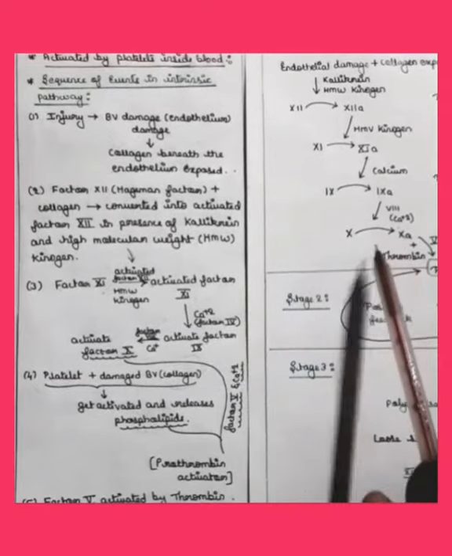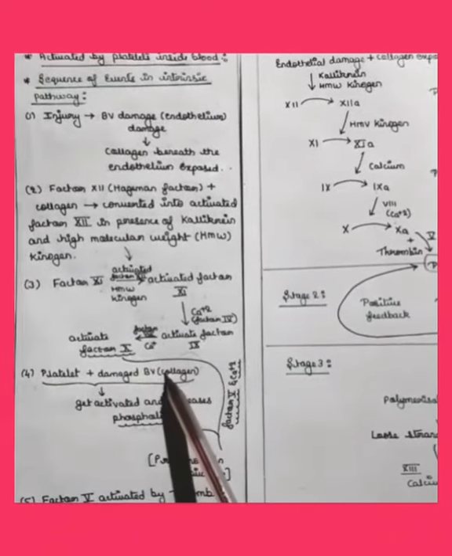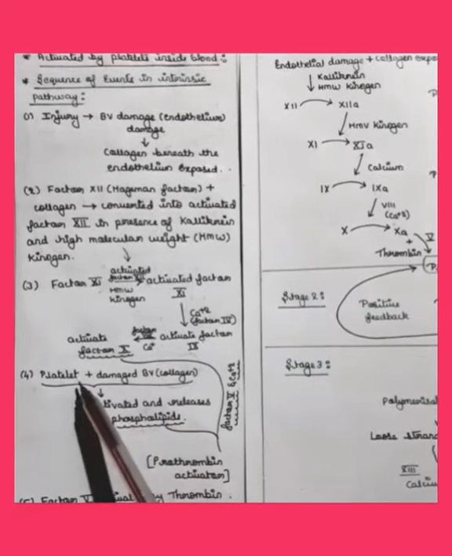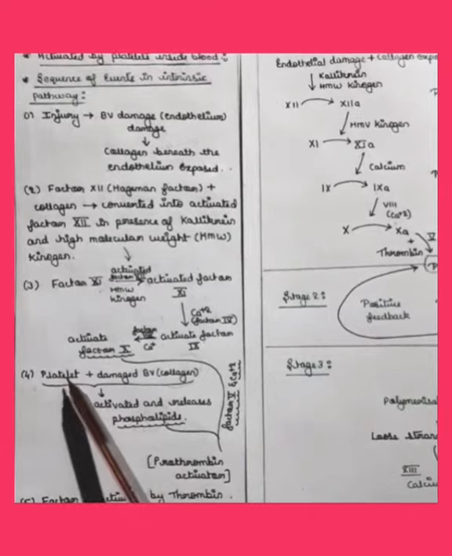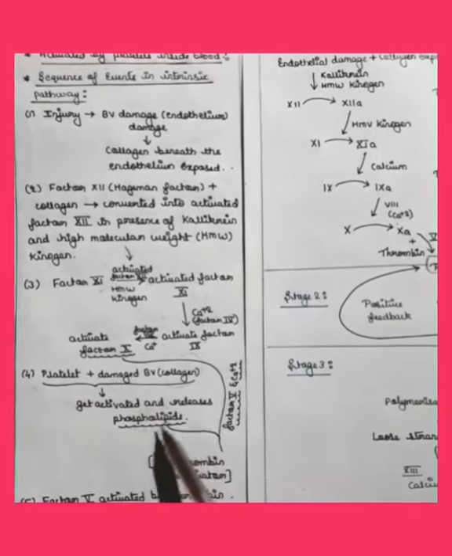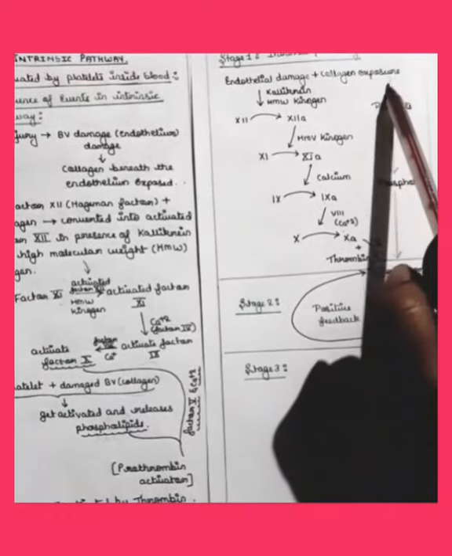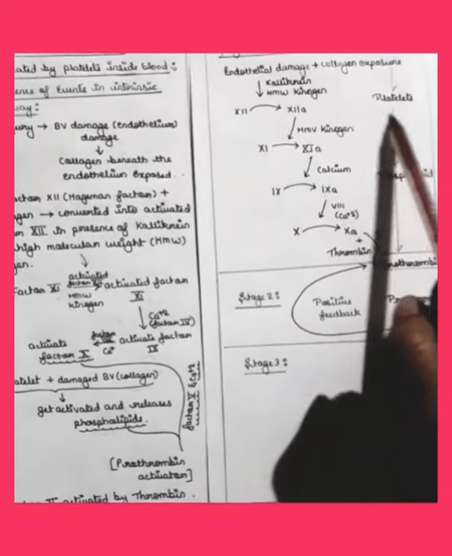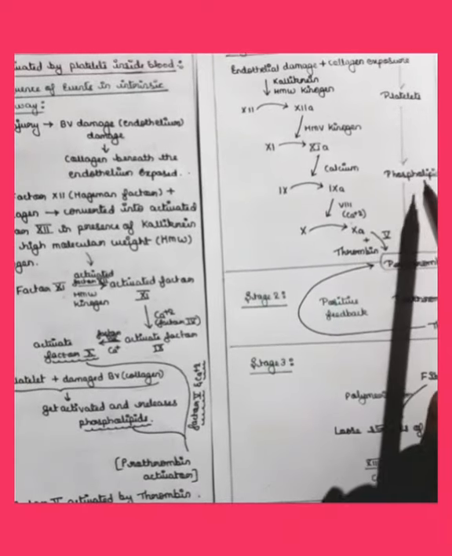One more thing you should know: when your blood vessels get damaged and collagen exposure occurs, this collagen also combines with the platelets inside the blood, and hence activates them and releases phospholipids. You can see here, collagen exposure reacts with platelets and leads to phospholipid formation.